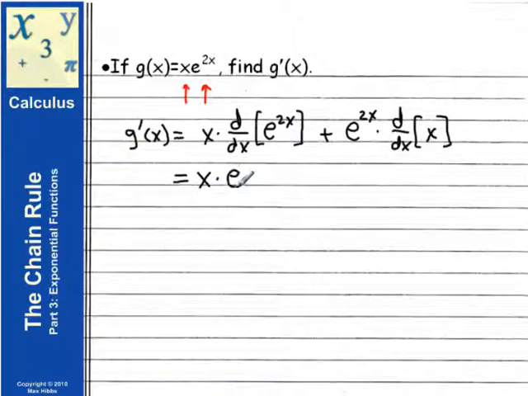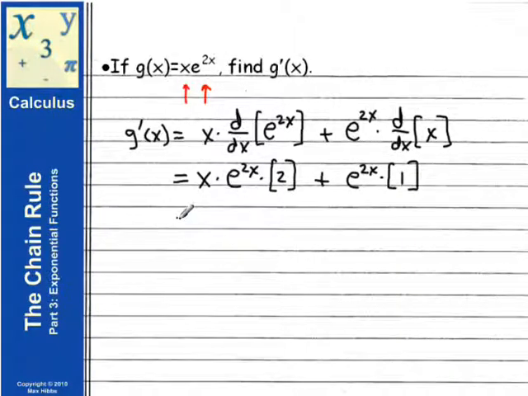So it's e to exactly the same power times the derivative of the power, and the derivative of the power 2x is simply 2. And over here we have e to the 2x times the derivative of x, the first function, which is simply 1.